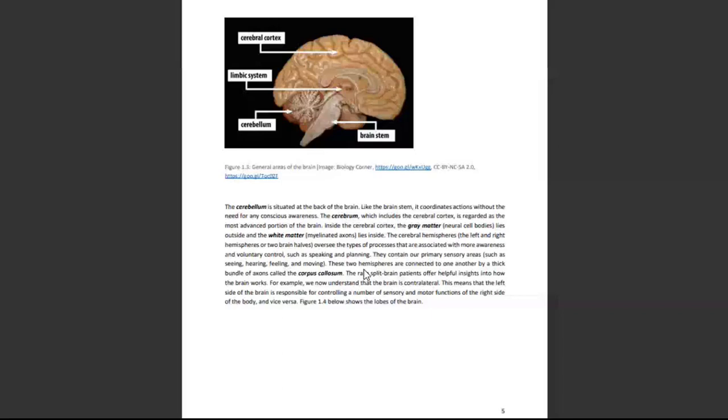In the spinal cord. Some say pons. Let's check the functions now. The cerebellum is situated at the back of the brain, like the brainstem. What is its function? It coordinates action without the need of any conscious awareness.